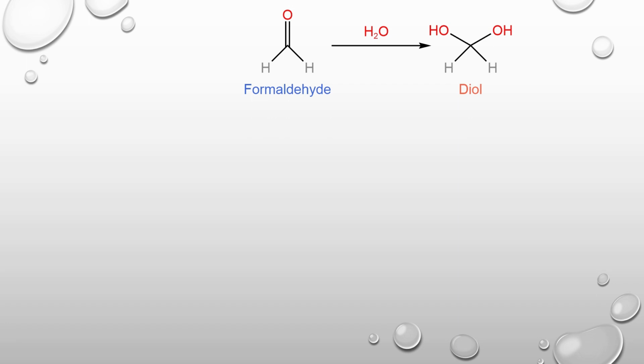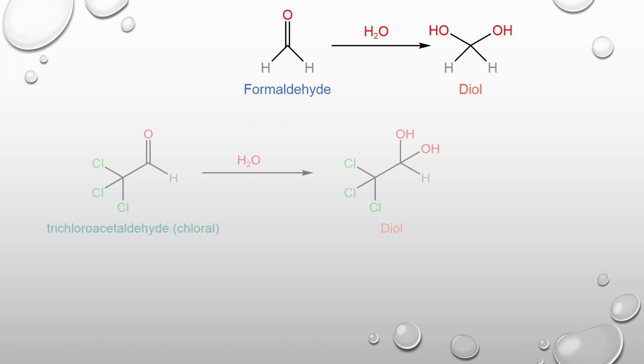The other factor is the presence of an electron withdrawing group next to the carbonyl group. The electron withdrawing group further reduces the electron density on the carbon atom of the carbonyl group, which further favors the attack of the water molecule on the carbonyl group. For example, trichloroacetaldehyde can be completely hydrated in water.